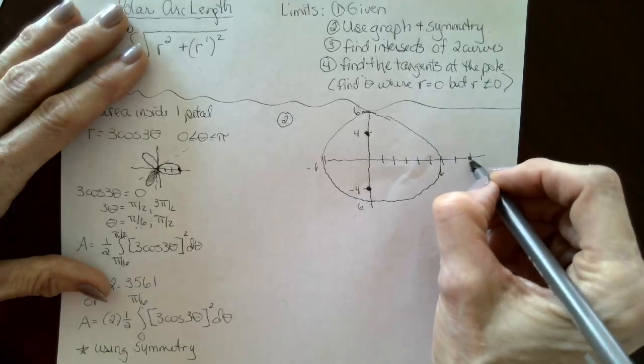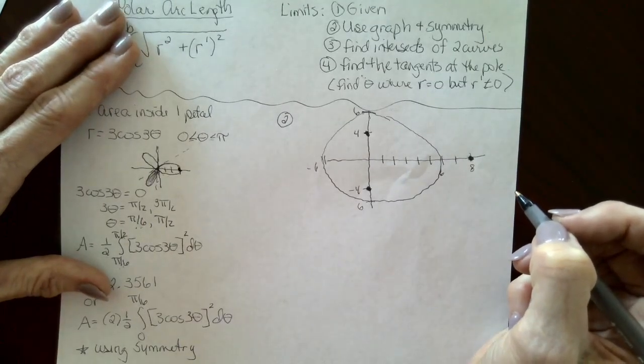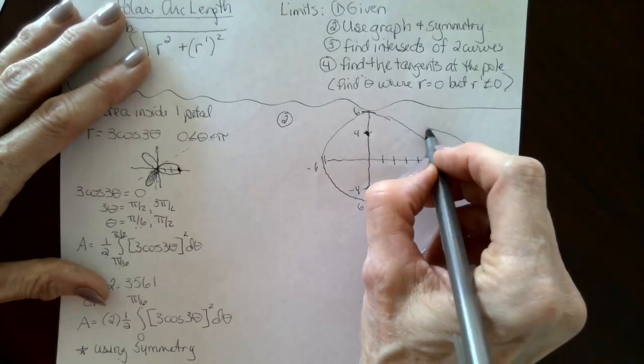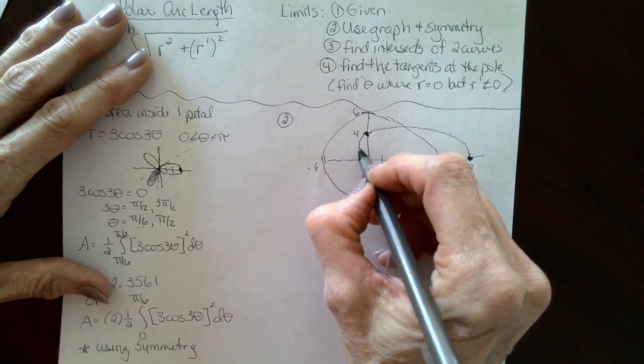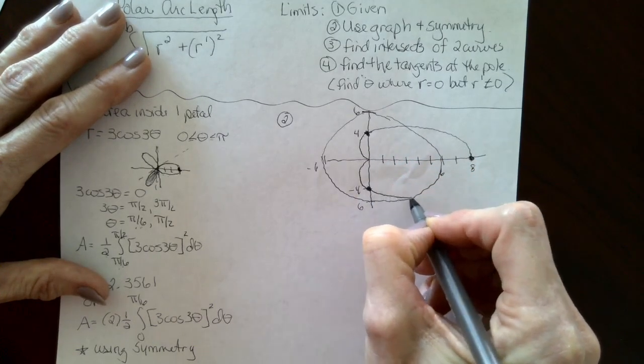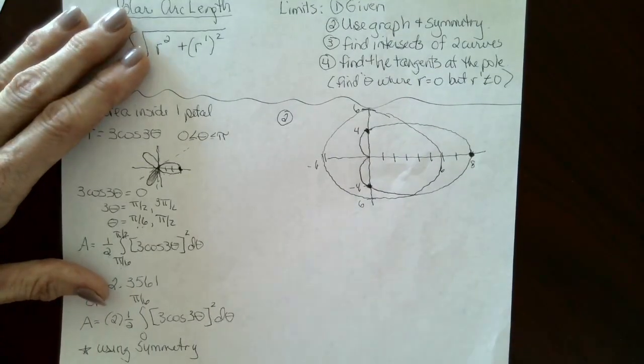And I know that at 0, I'm at 8, because 4 plus 4 cosine of 0 is 4 plus 4, which is 8. We know it's a cardioid, so you're going to go something like this, and it's going to hit that. Come back around. There you go. We want the area inside the cardioid, but outside of the circle.